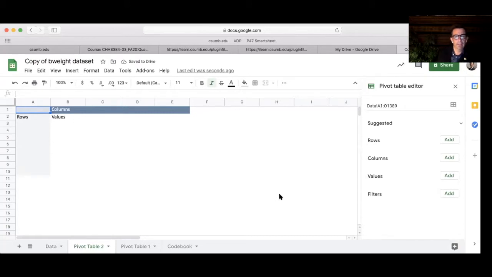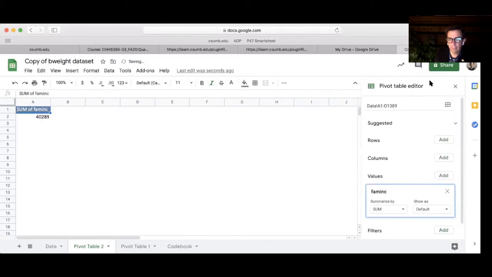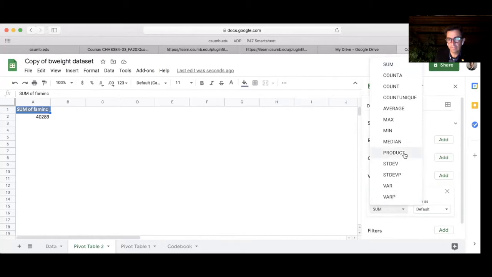Okay, and the first thing we're going to do is look for the values here and ask for this family income. This is the variable of interest that we want, right? And this is going to give us a sum, but what we want first is an average.